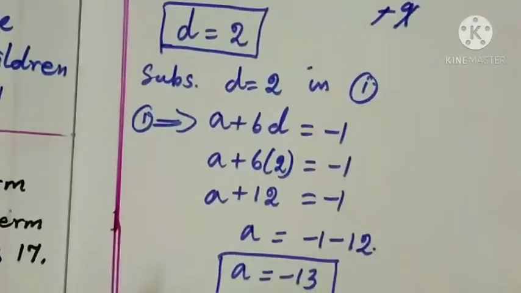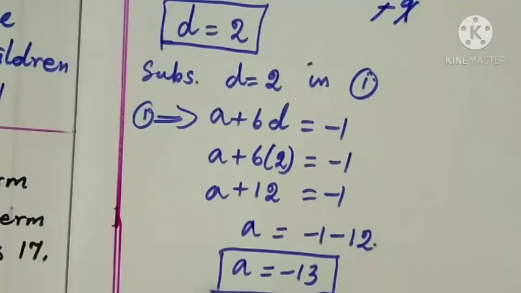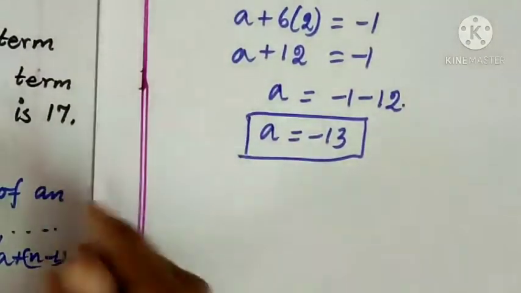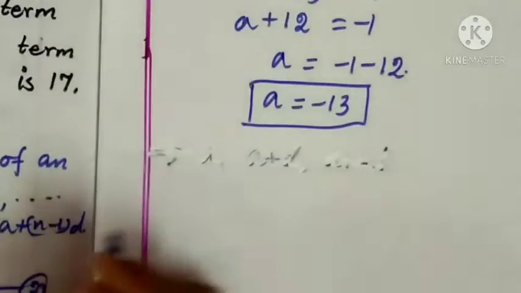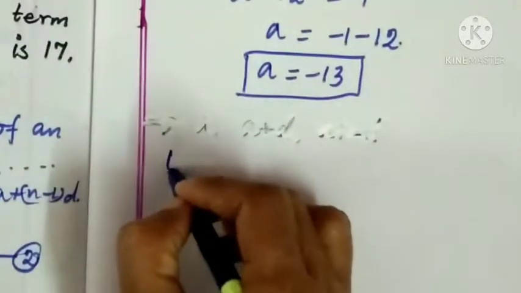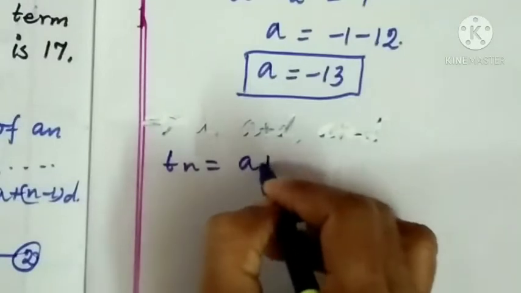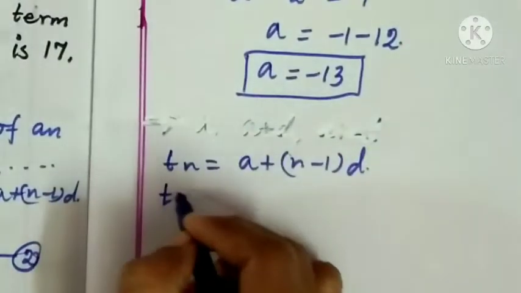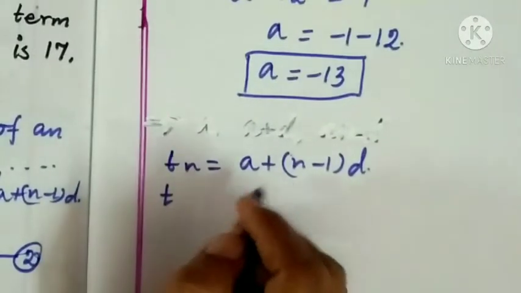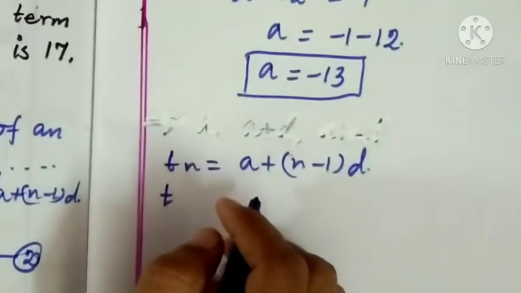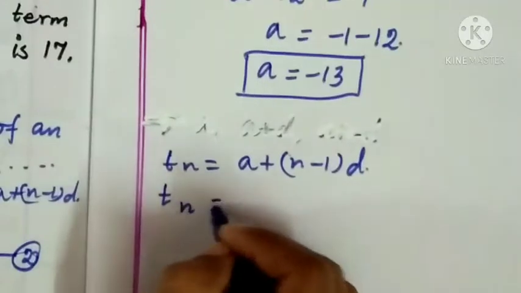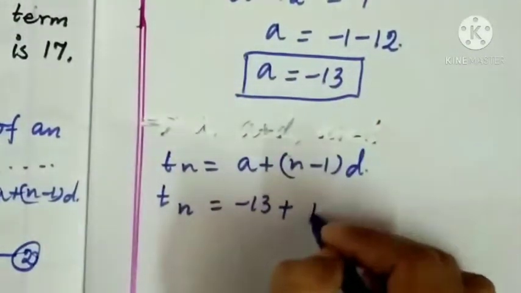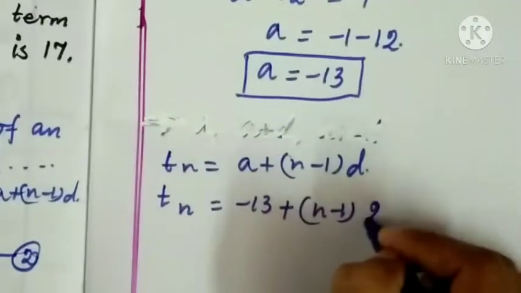Now, we have the values of a and d. Now, you have to apply these values in the general term, means we get the formula for the general term, Tn is equal to a plus n minus 1 into d. Here, we have to find the nth term, that is Tn is equal to a value minus 13 plus n minus 1 into d value 2.